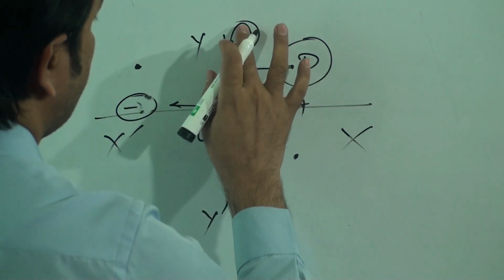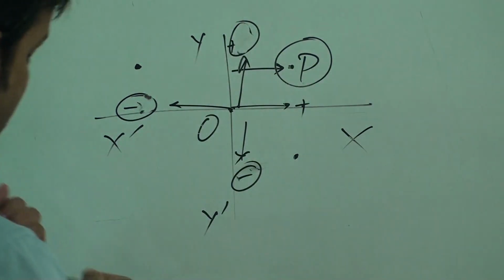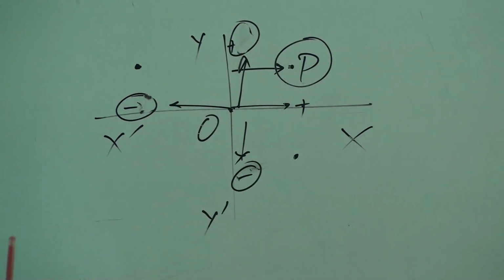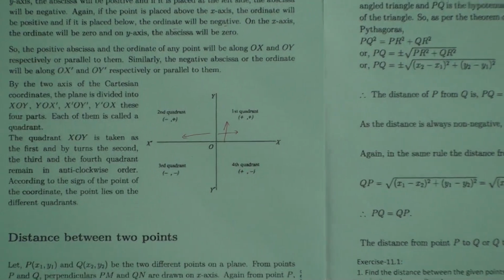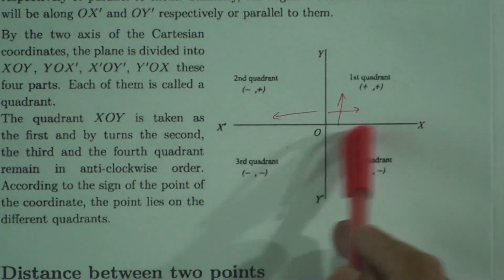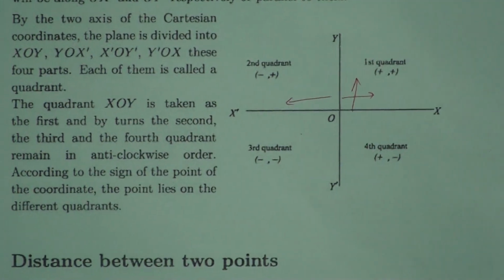Okay, dear students, I hope you have understood this, and for this now we can say if we consider any point on the x-axis, its ordinate will be 0.